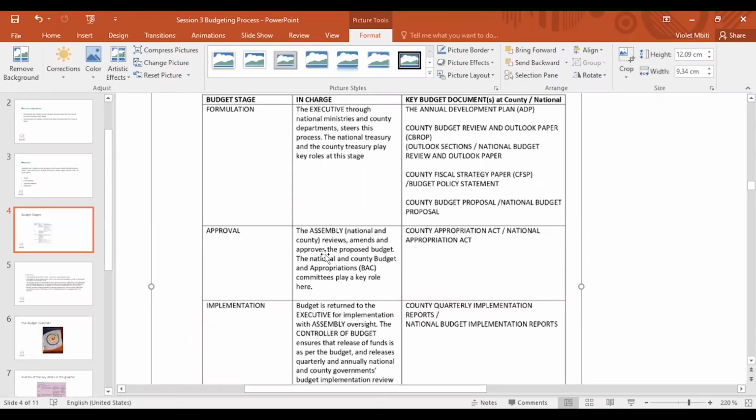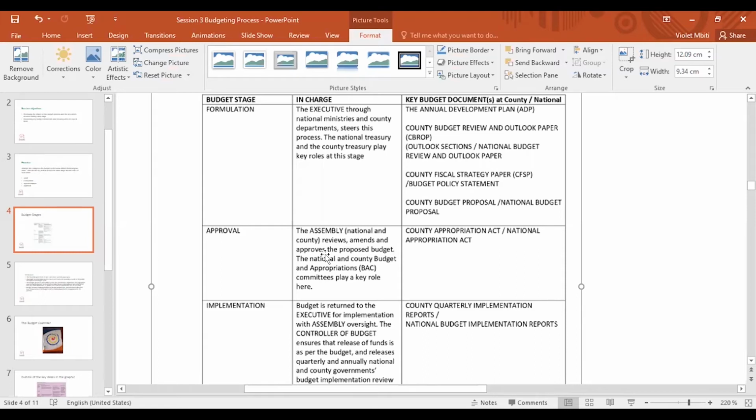If there was no documentation showing that members of the public participated and shared their views of what they would like to see in the next financial year, then that particular document that the county government is going to produce is null and void. That is why it is mandated by law, Public Finance Management Act 2012, as well as the Constitution, that the public should be involved at every stage.